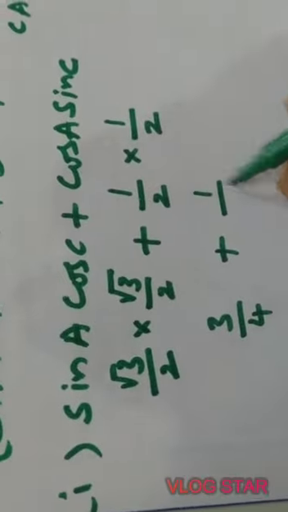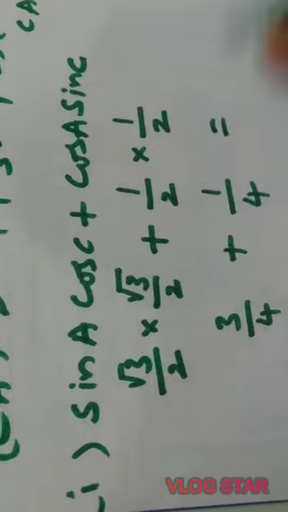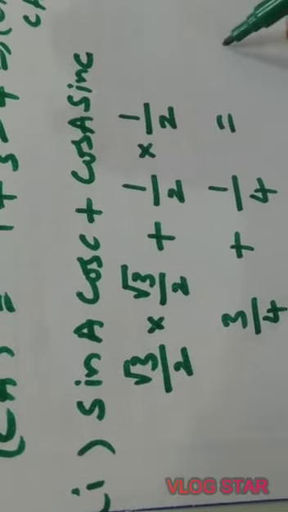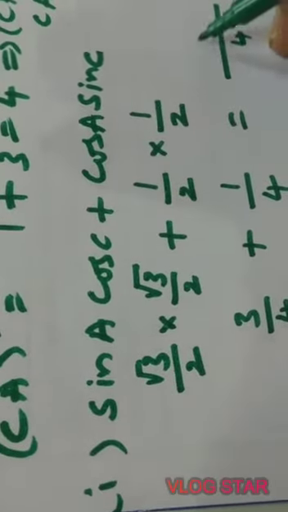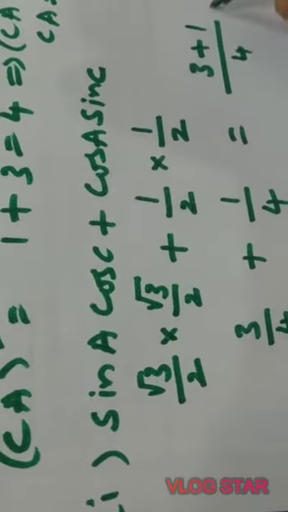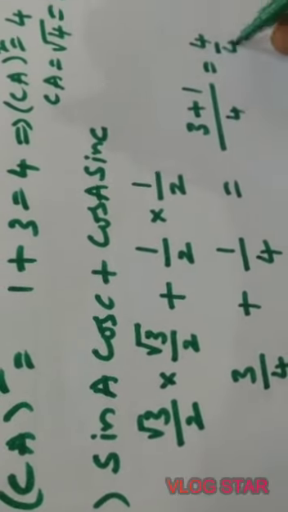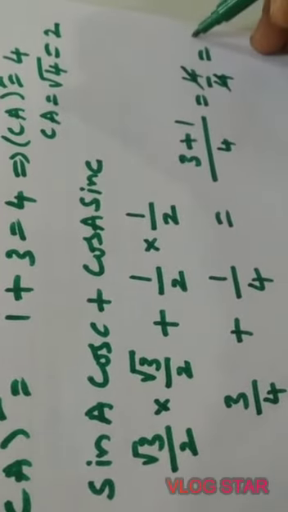So here root 3 into root 3 is 3, 2 into 2 is 4. In the same way 1 into 1 is 1, 2 into 2 is 4. So LCM of 4, 4 is 4. So we just write the same, 3 plus 1, so 4 by 4 is equals to 1.